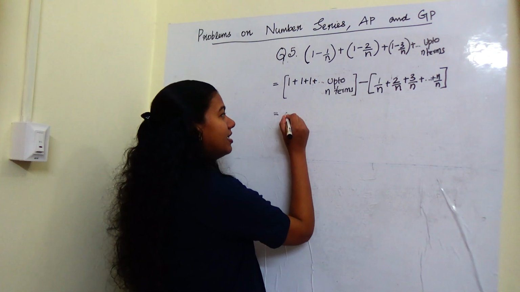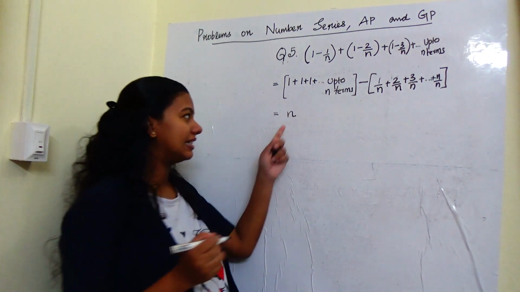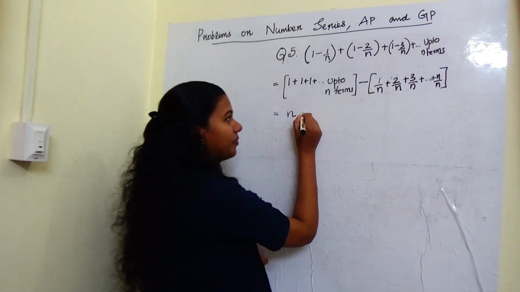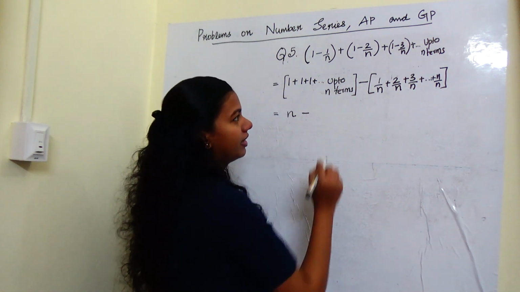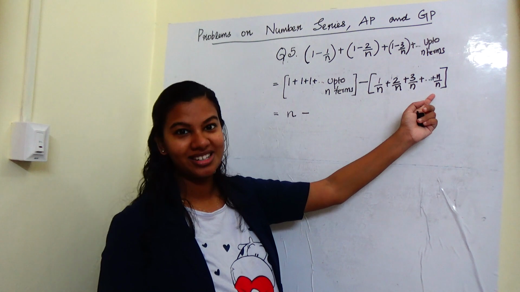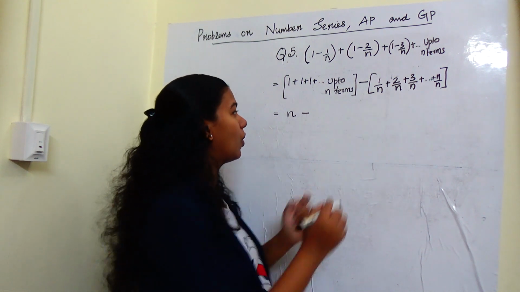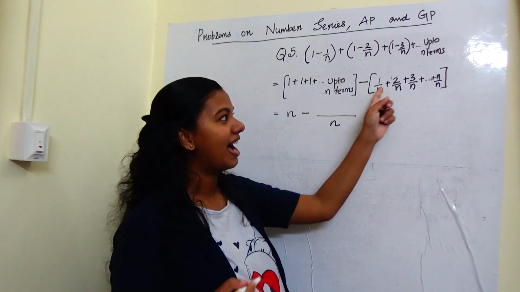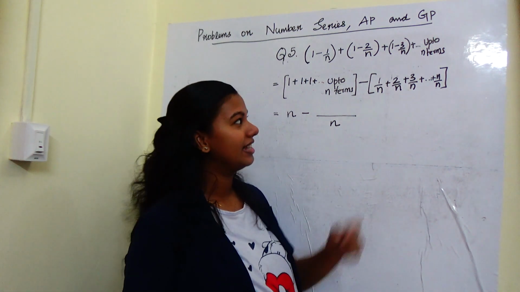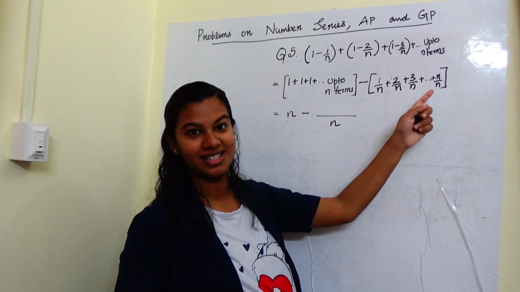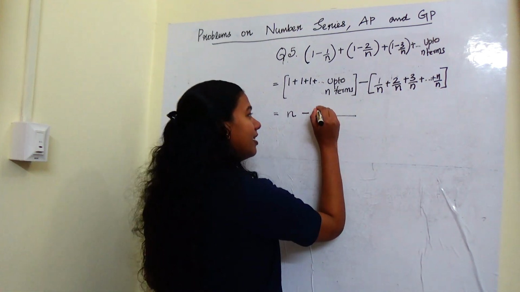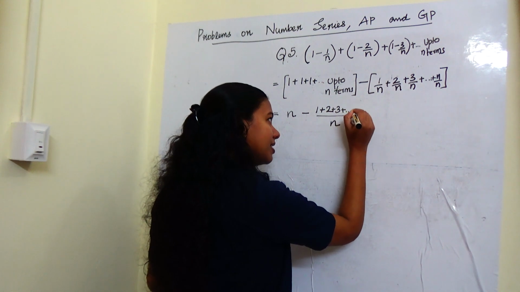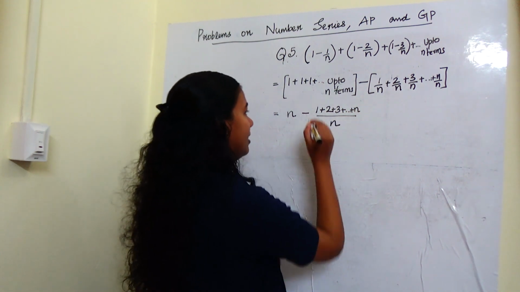So the first group, the answer is n. Now let's see about the second group. Minus of, in this the denominator is common. So I put the denominator down and I add the numerators. That is 1 plus 2 plus 3 plus etc. plus n.